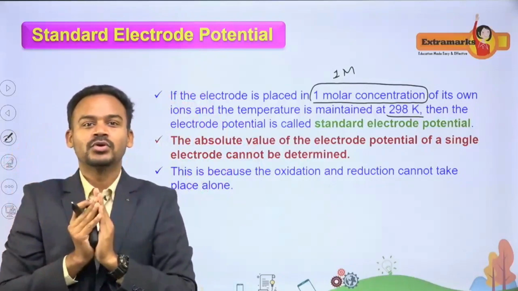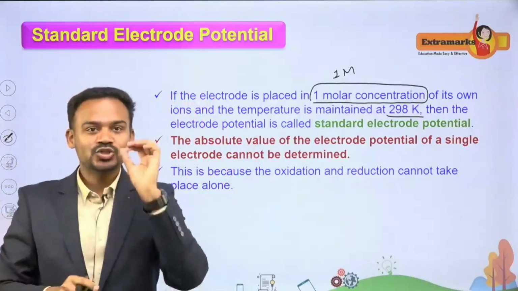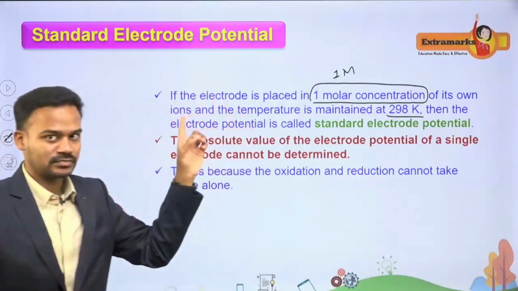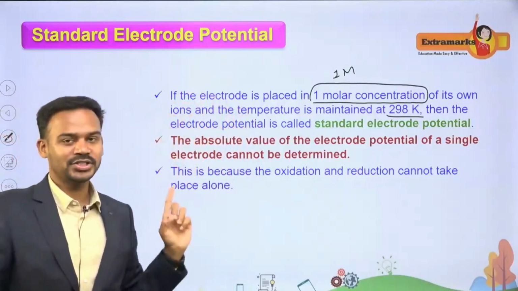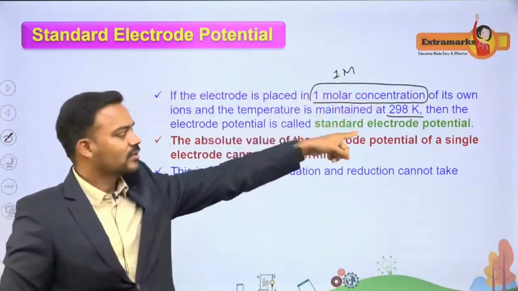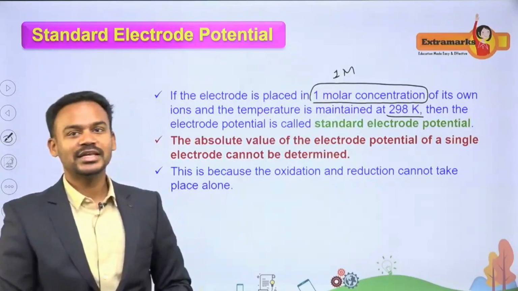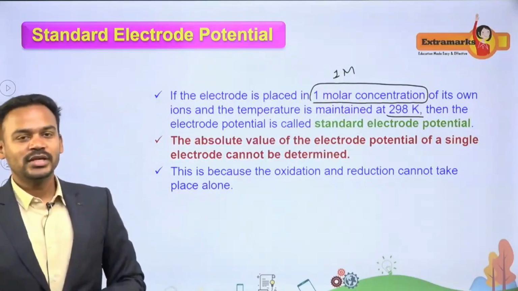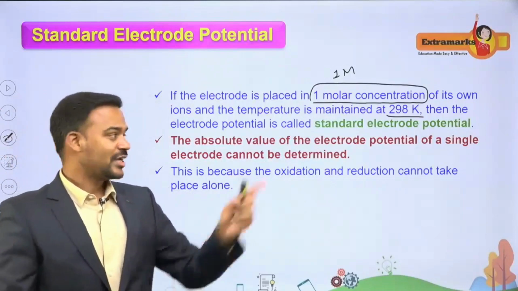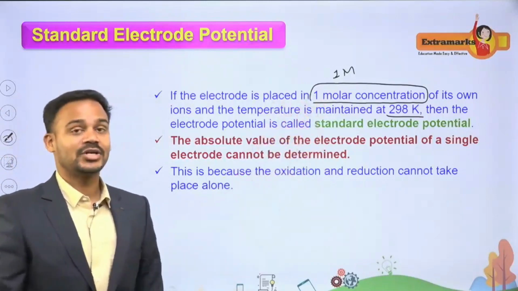To find the voltage of the cell, I should know the standard values of each half cell. Standard electrode potentials are measured at a standard concentration of 1 molar and at a temperature of 298 Kelvin. Fine, so we are taking these conditions to measure the standard electrode potential.